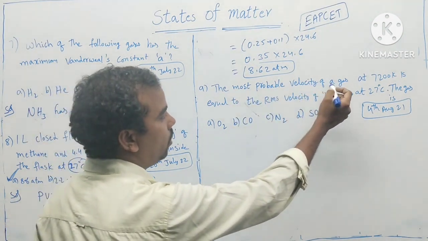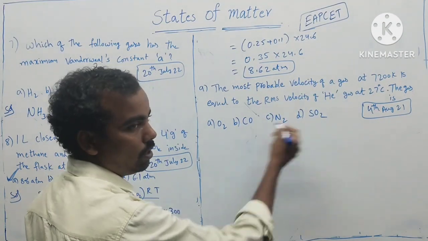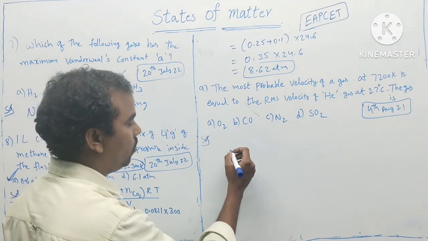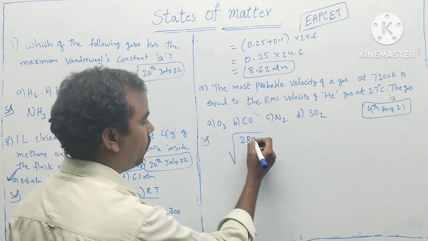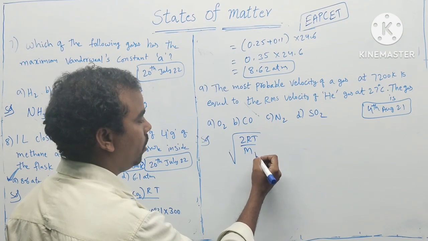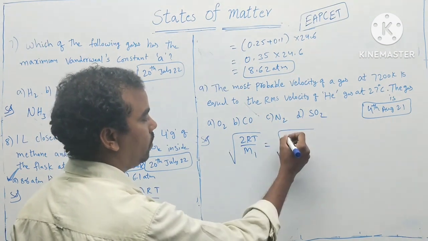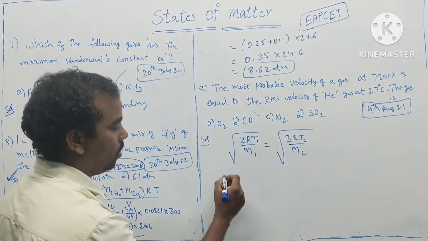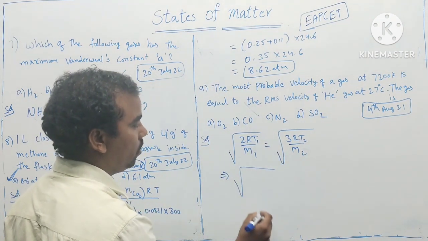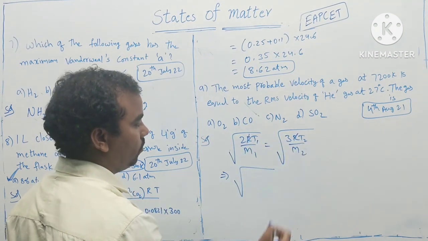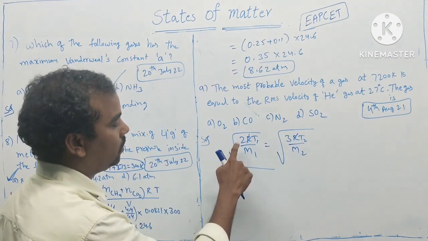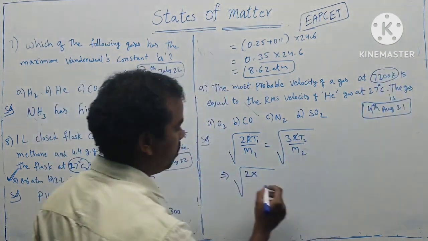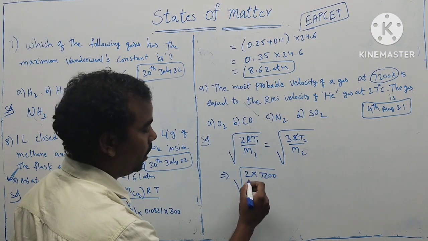So the most probable velocity of the unknown gas at 7200 kelvins means square root of 2RT1/m1 is equal to the RMS velocity, square root of 3RT2/m2. R cancels. Next, 2 into T1, the given temperature of 7200 kelvins, by m1.